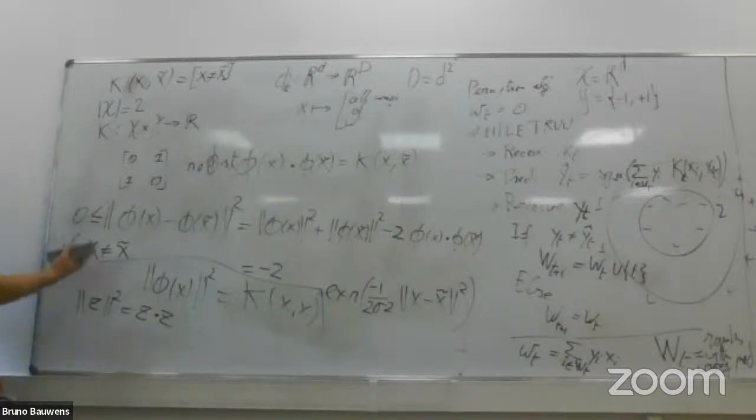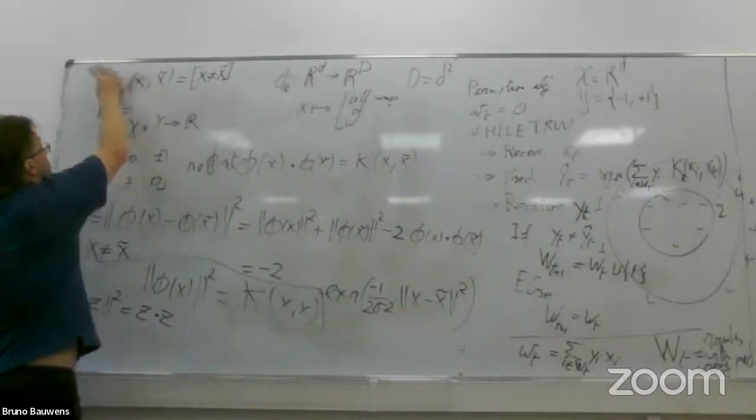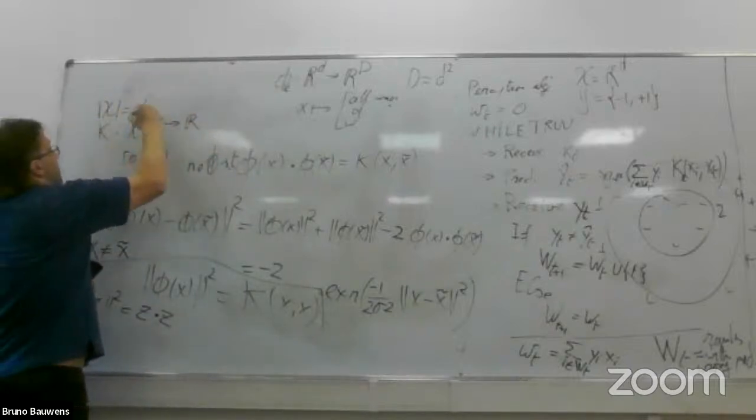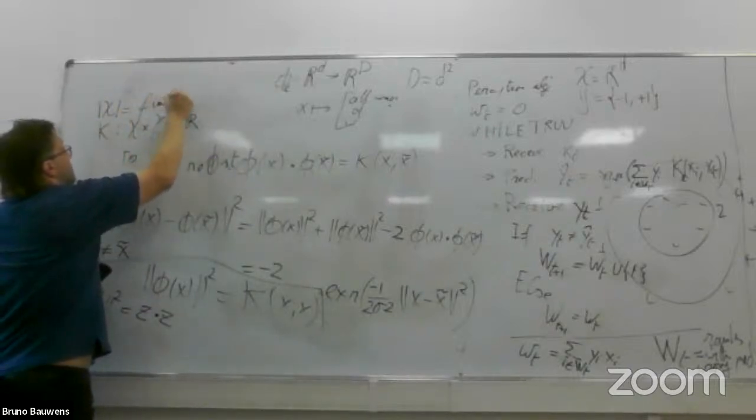And so basically, this inequality is the only obstacle that can happen. If we take linear combinations of input mappings, we need to have something positive semi-definite. So now I will remove this example, and let us say that X is finite.